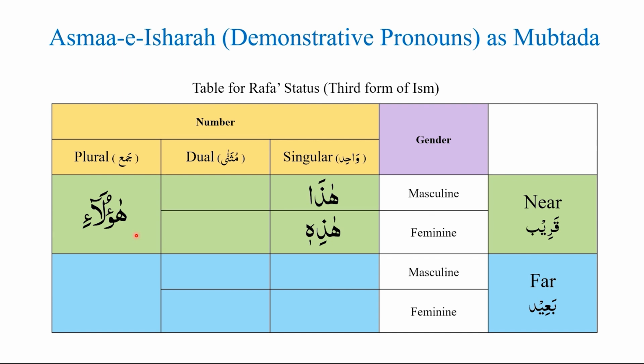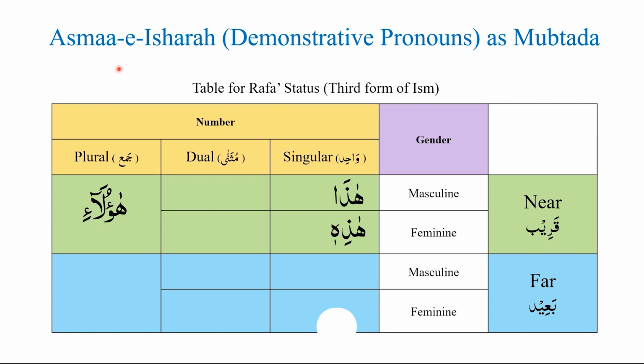Once again, for singular masculine, we have haza. For singular feminine, we have hazihi. And for plural, for both masculine and feminine, we have ha'ula'i. All of these demonstrative pronouns are used to demonstrate someone or something that is near.